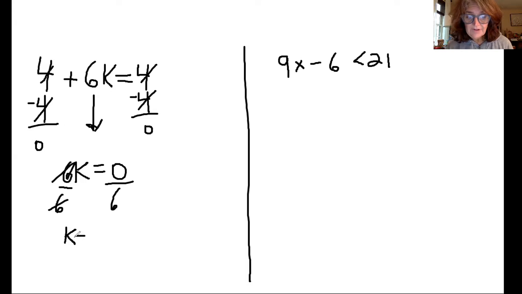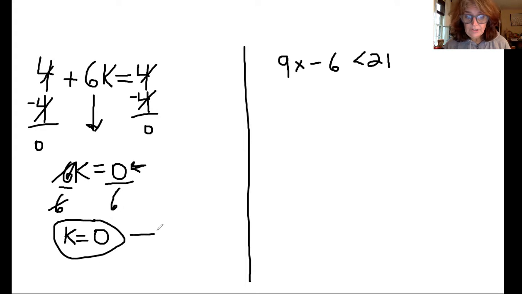And 0 divided by 6 is 0. Now, if we have 0 on the top, the answer is 0. We cannot have 0 on the bottom. We can't divide by 0, okay? So that is impossible. But we can have 0 on the top, and that gives us 0. So here's the answer to this equation.